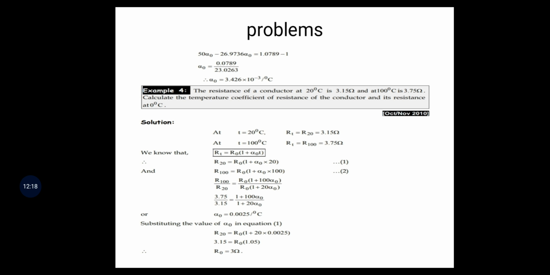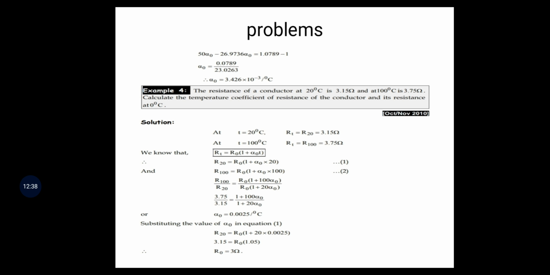R100 by R20 equals R0 into 1 plus 100 alpha naught divided by R0 into 1 plus 20 alpha naught, that equals 3.75 divided by 3.15, which equals 1 plus 100 alpha naught divided by 1 plus 20 alpha naught.